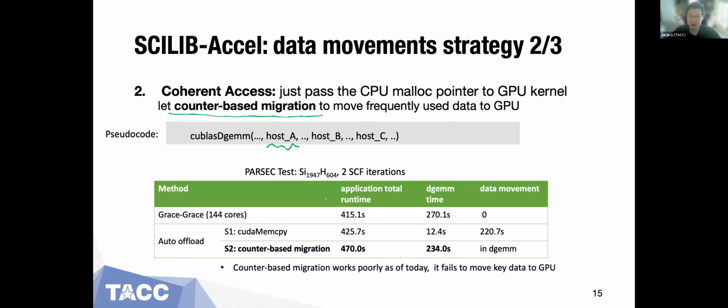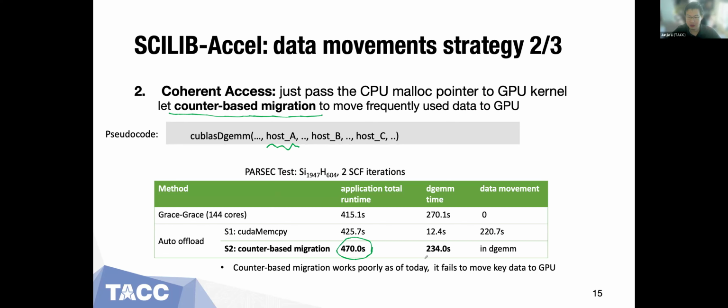However, this one works extremely badly. NVIDIA has a lot of performance bugs in their drivers and in their silicon designs. And when you do such a data management strategy, your total runtime grows to 470 seconds, compared to just 415 seconds on CPU.